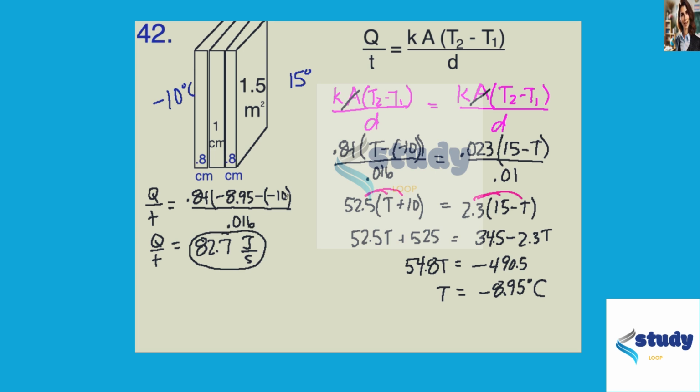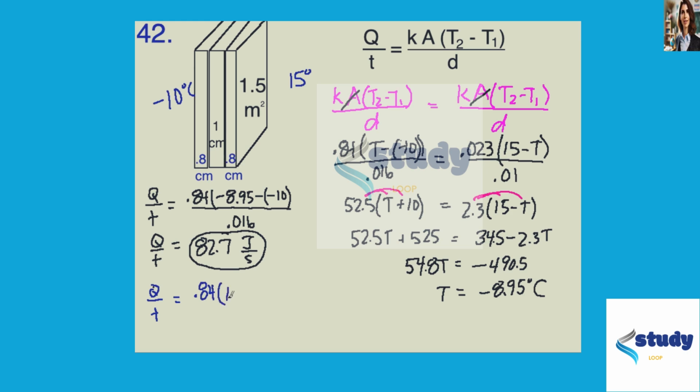And then for part B, I'd ask, what would be the transfer rate for just one thick piece of glass, if I just had one piece of glass that was 1.6 centimeters thick? I'm going to do that down here below. For one thick piece of glass, I know the K value for glass.